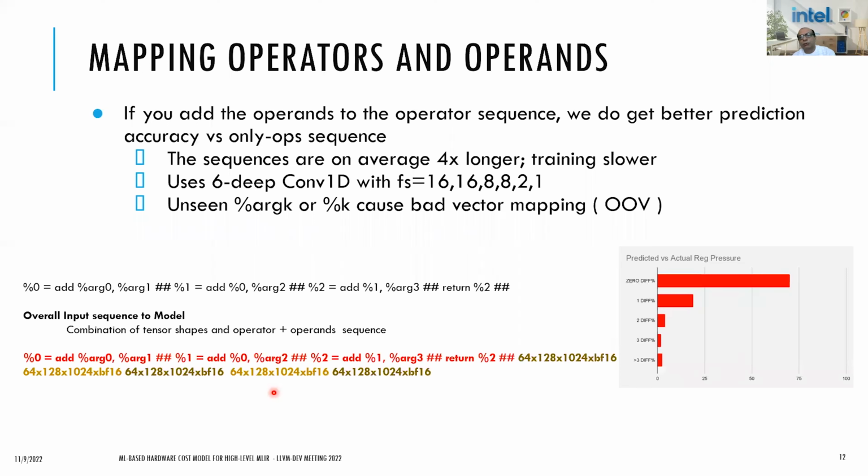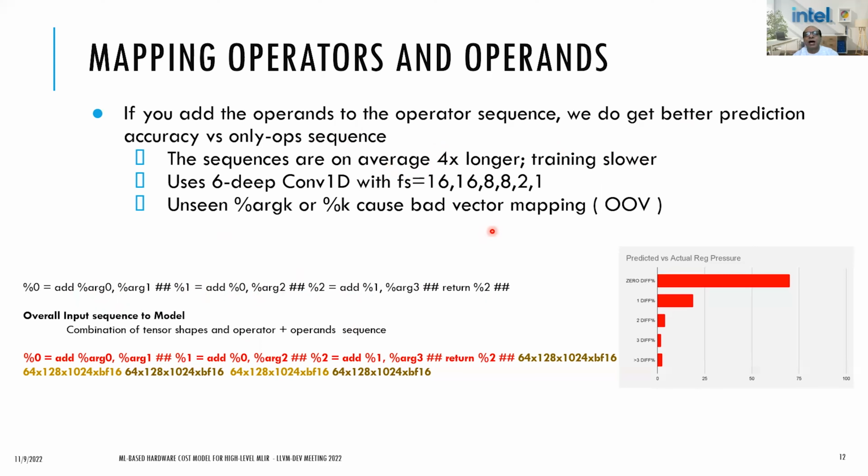The other, which I'll go through very quickly because I'm over time, is that we also use the mapping of both the operators as well as the operands, not just the operators. So we use the same sequence, but also tokenize our operands. And these sequences are longer, obviously, because you are now tokenizing the operators and the operands. On average, they are 4x longer, and so the training is slower.